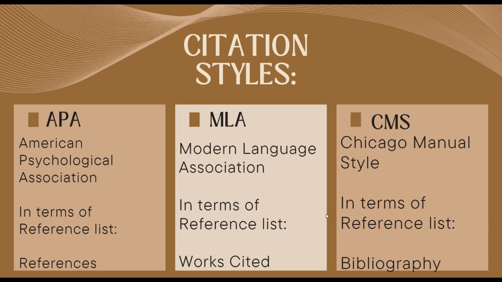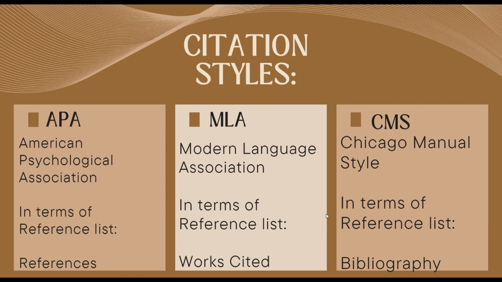The first one is the APA, which stands for the American Psychological Association, and in terms of the reference list, it is labeled as the references. The APA was developed in 1929 by a group of psychologists, and it is mainly used in academic papers such as the research, the essays, and many more.